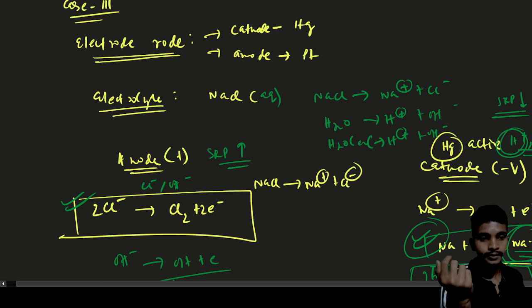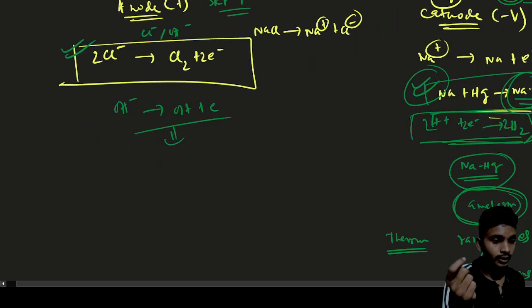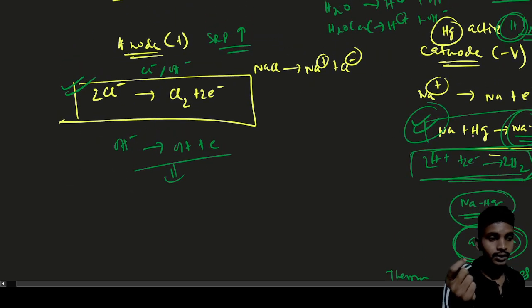And in case 3, the reaction is Cl- giving Cl2 and 2 electrons, and here the reaction is Na and Hg, and OH-.